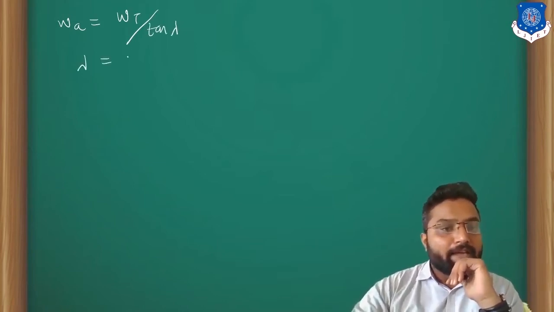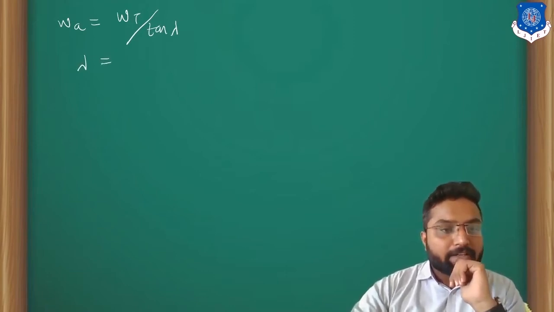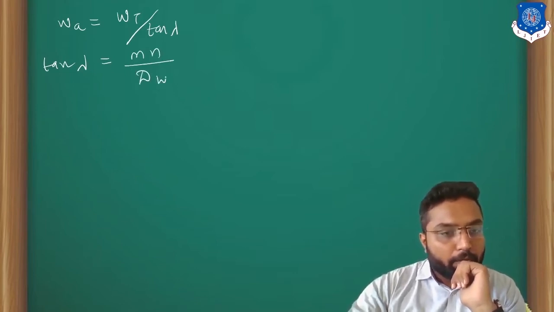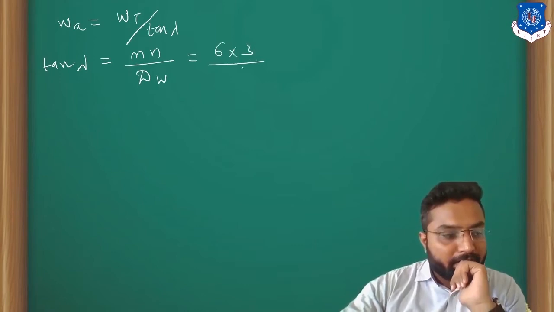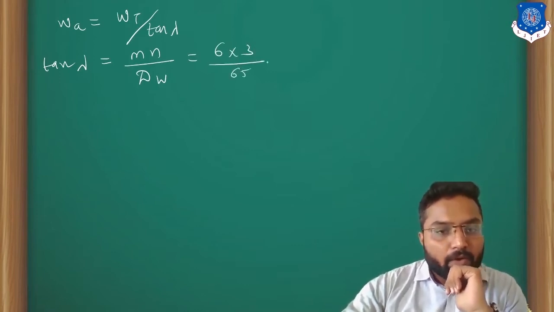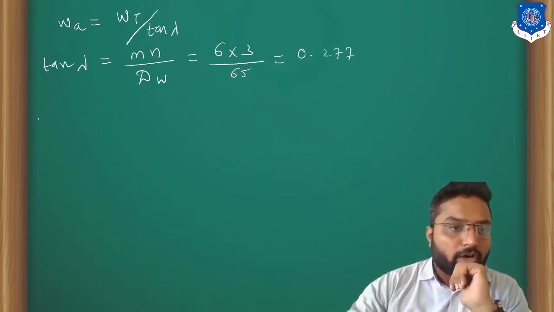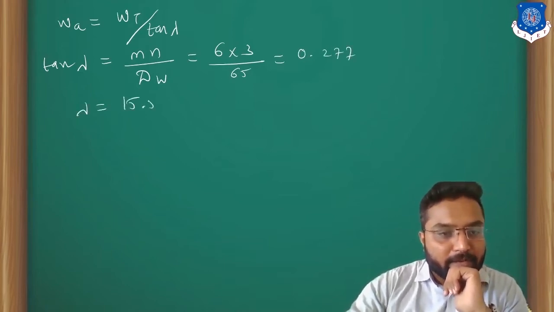In the previous video, we took tan lambda as module into number of starts divided by d into w. Module is given as 6, into 3, divided by 65, which came out as 0.277. So ultimately the lead angle lambda is 15.5.